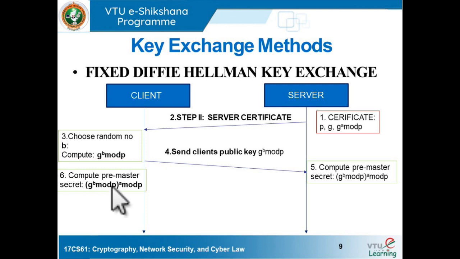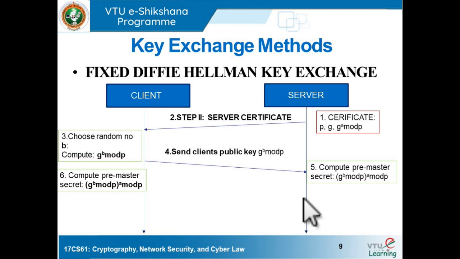It takes the public key of the server, which is G raised to A mod P, received from the server, and uses its own private key to compute it, raised to B mod P. Okay, you can correct it yourself. These two will always help the client and server realize the same keys. This key we call the pre-master secret.